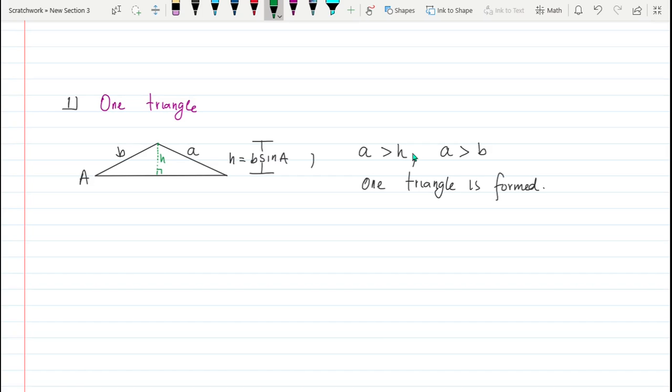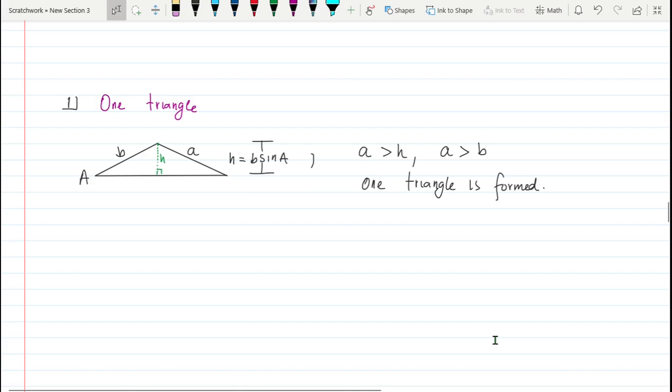And also A is larger than B. So if this is longer than this, the only way for this to close and be a triangle is for this to go all the way over here and close the shape, right? So one triangle is formed.